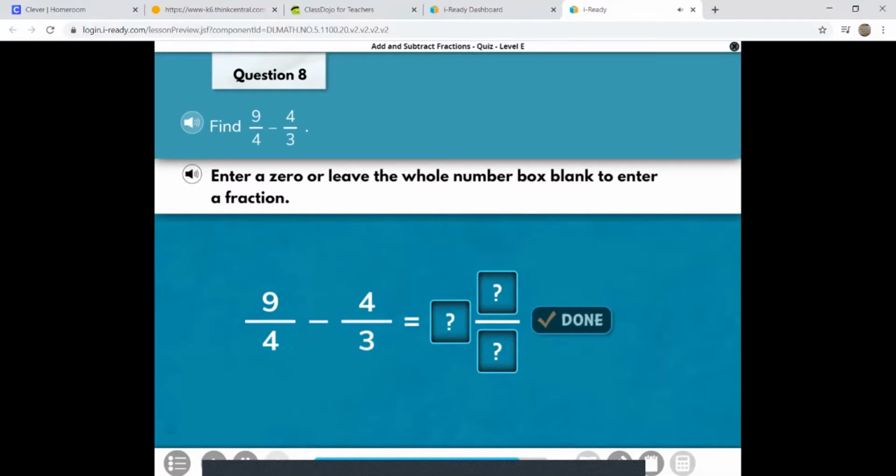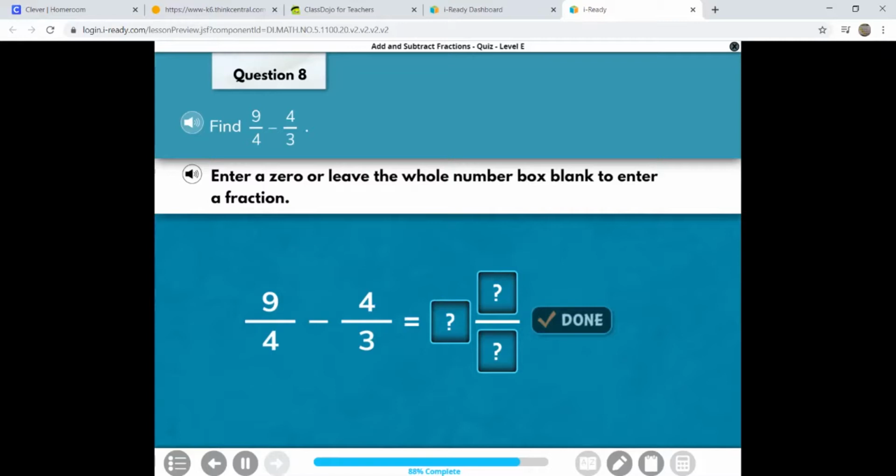Now, luckily, they already converted it to an improper fraction, 9/4 and 4/3. They already did that step for you, so that's nice. So, what's a common denominator of 4 and 3? Okay, you can just multiply. 4 times 3 is 12.